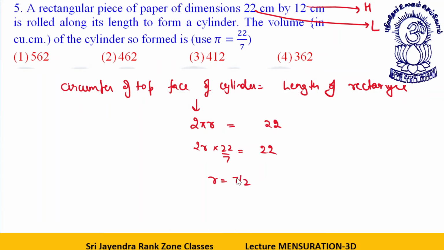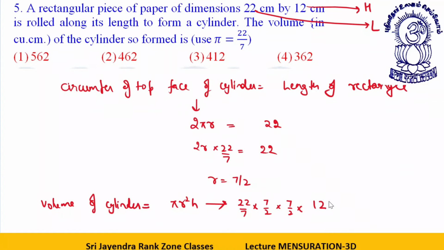One thing is done. Now volume of cylinder is equal to pi r square. That's 22 and 22 will cancel like this. So 22 by 7 into 7 by 2 into 7 by 2 into what is the height? This height is 12. Fine. 7 and 7 cancel. 2 and 2 is 4. 4 cancels with 12, 3.